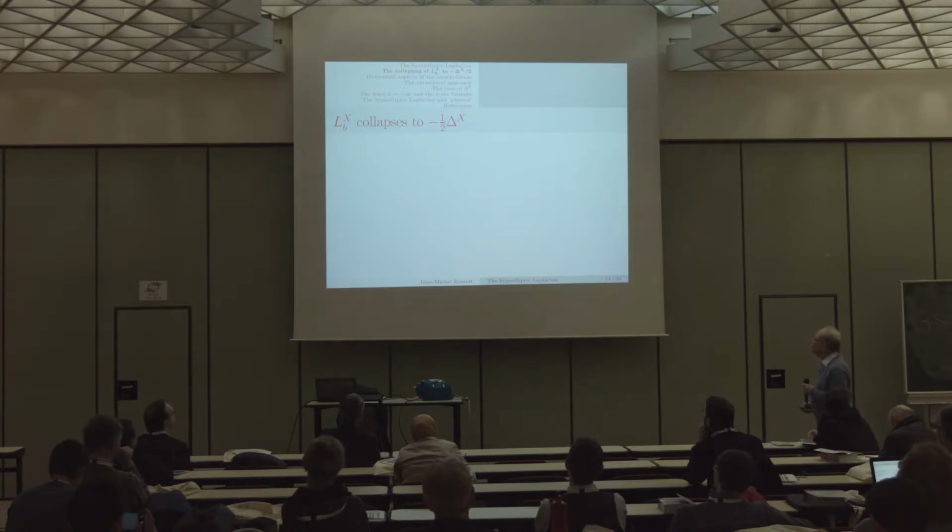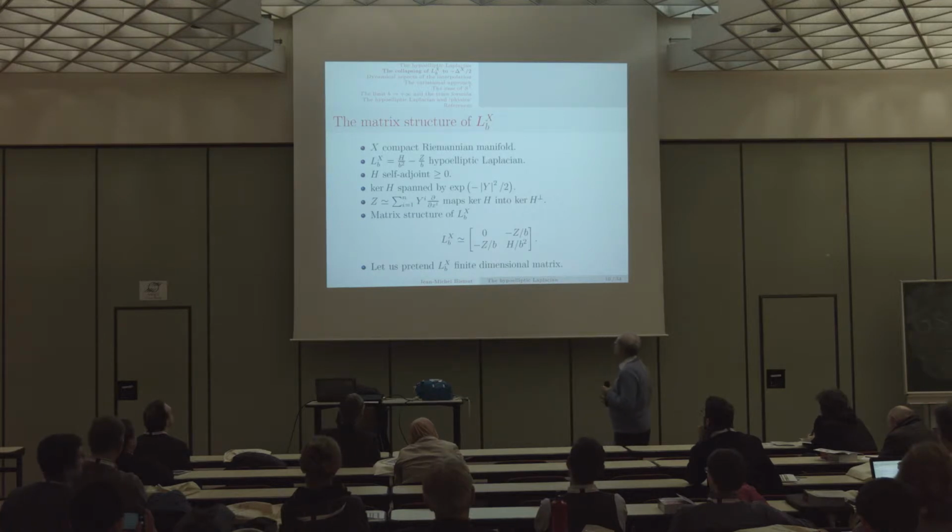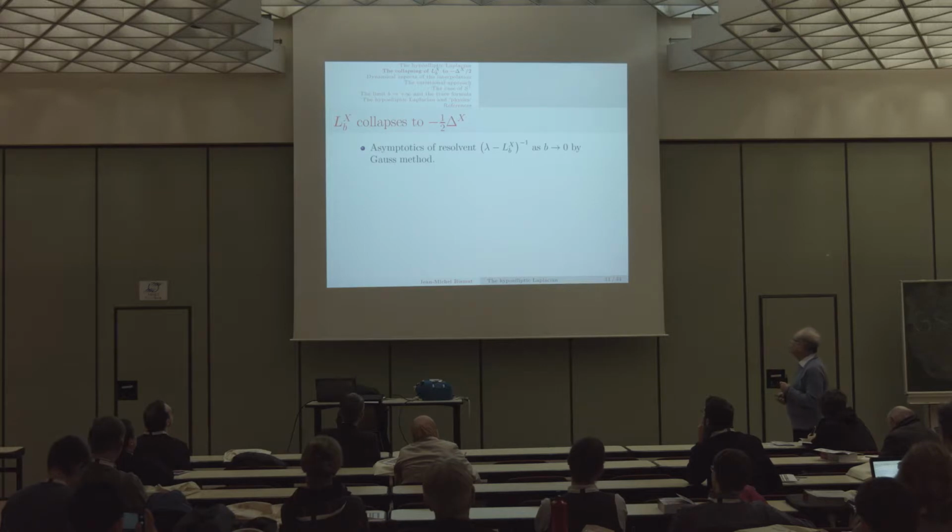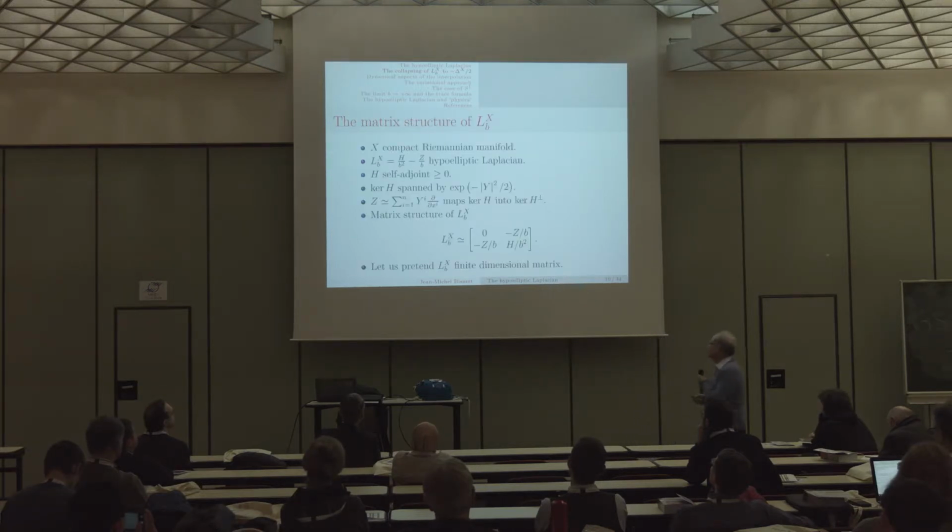So let me explain the collapsing of LBX to the original Laplacian. What we will do is instead study the resolvent of the matrix as b tends to 0. So in fact, we will try to compute the inverse of lambda minus LBX as b tends to 0. And you will just use classical linear algebra to do this.